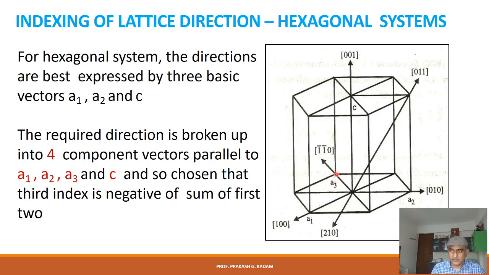The third index we find as the negative of the sum of these 2. That is, A3 equals minus of the bracket A1 plus A2. That is how we find it.